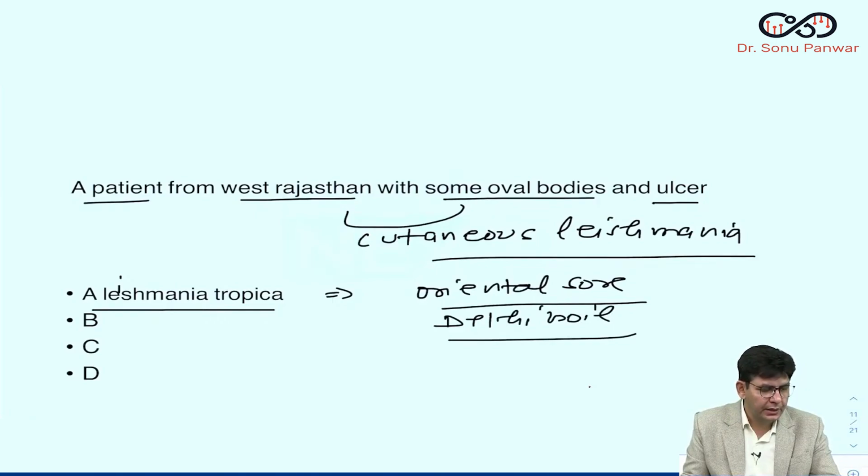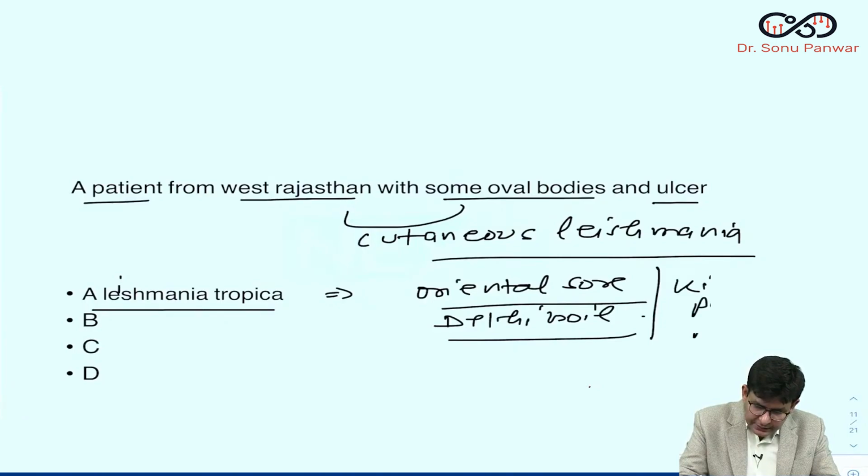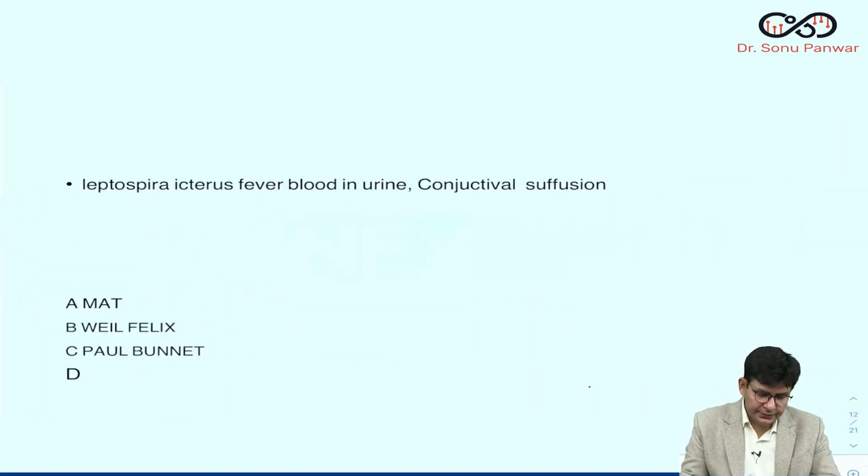So in this question I suppose something was given regarding the kinetoplast and all that. Yes or no? That was given regarding the kinetoplast and all that. So the answer to this question is Leishmania tropica.